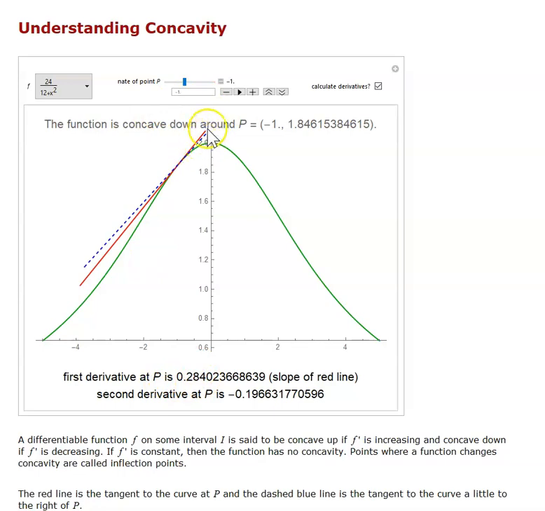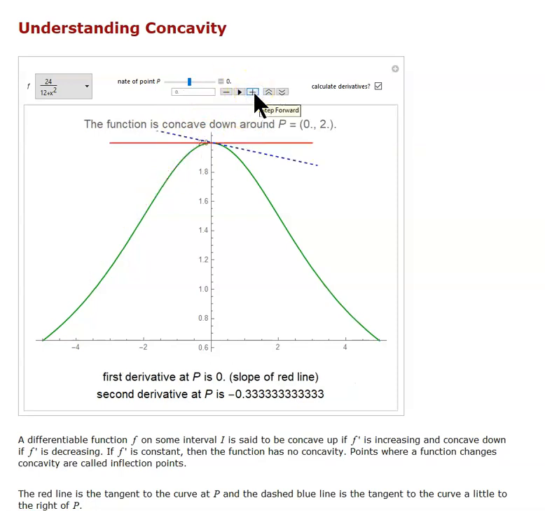That means those slopes are decreasing. That means the derivative is decreasing. And for my derivative to be decreasing, that would mean that the second derivative is negative. And now the function is concave down because the derivative is decreasing.